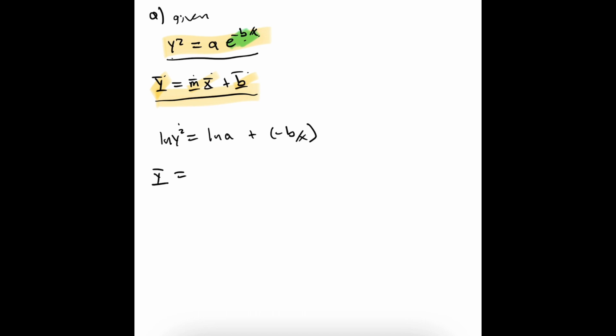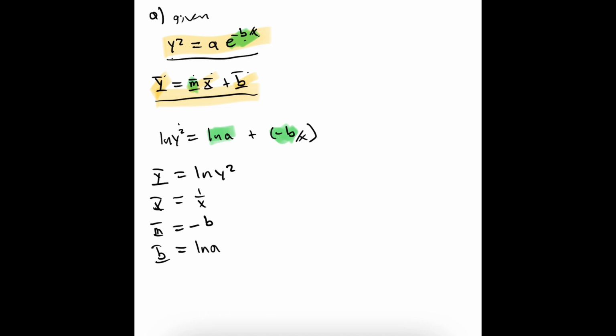our y equals ln y squared. Our x equals 1 over x. Slope equals this part that's attached to the x, which would be minus b. Then our intercept is equal to the part that's added on, so just ln a.